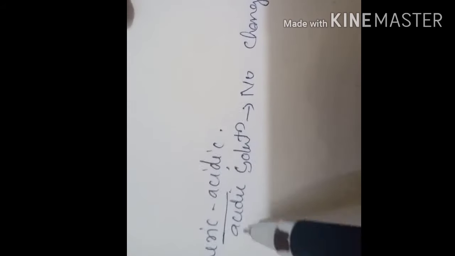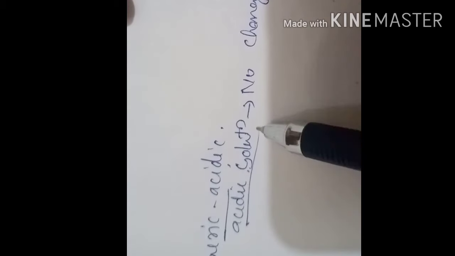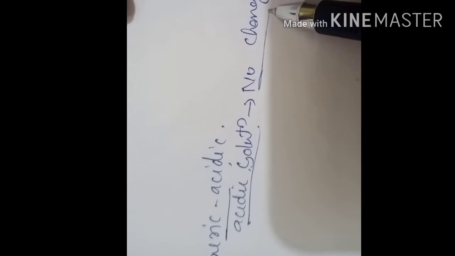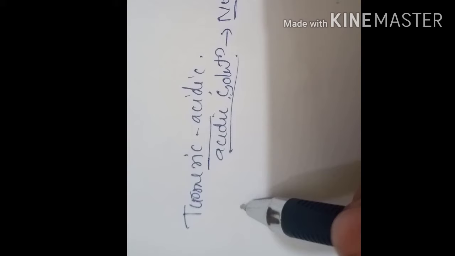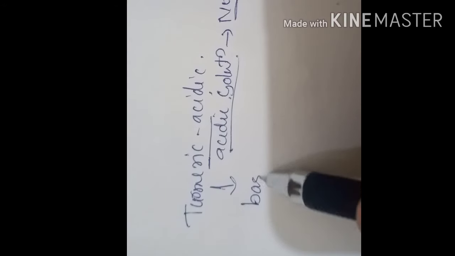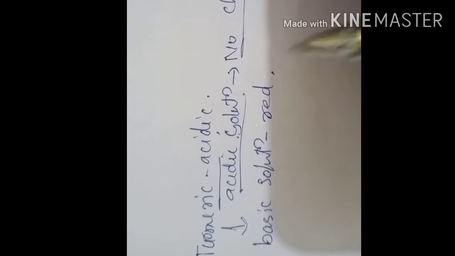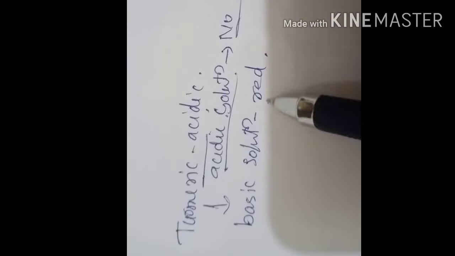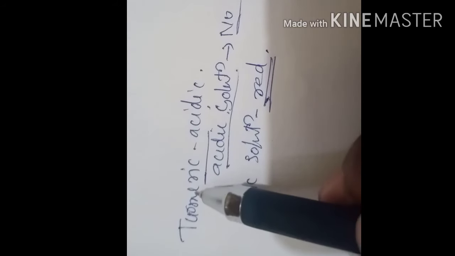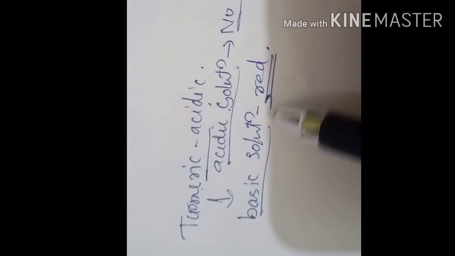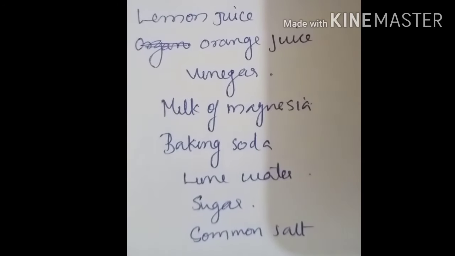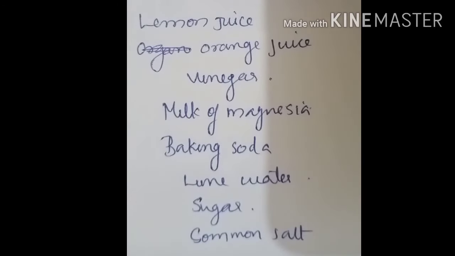But when turmeric is added to a basic solution, its color changes into red because of the neutralization reaction. So when we add turmeric into a basic solution, it turns red. That we have to do in this table. So here first we have to check which one is acid, which one is base.